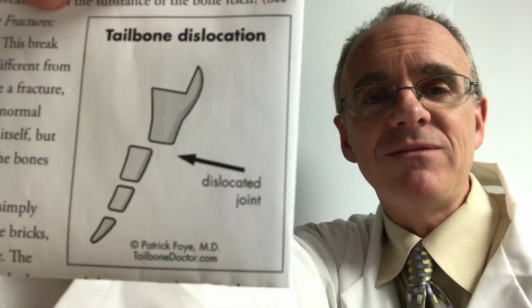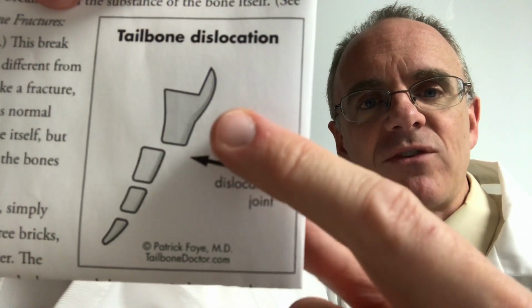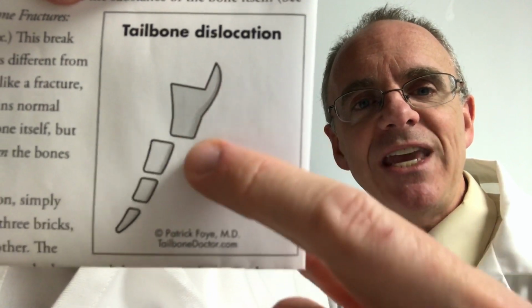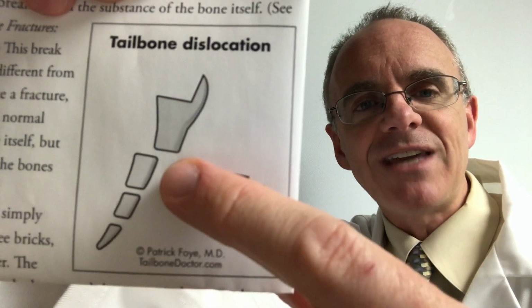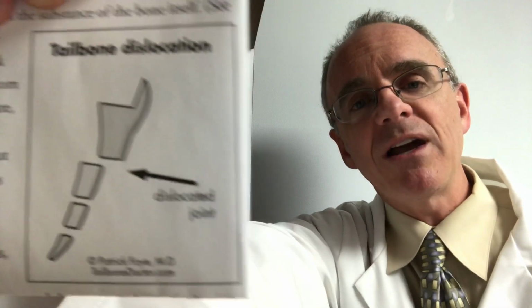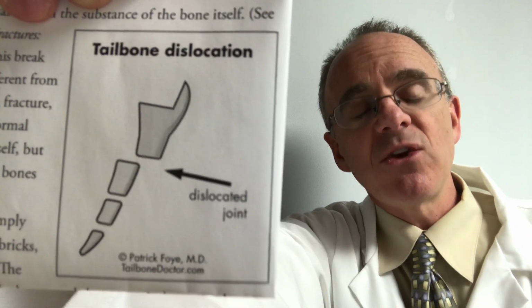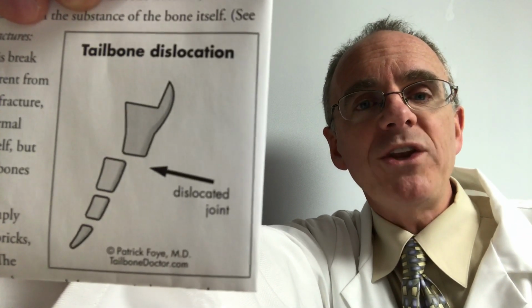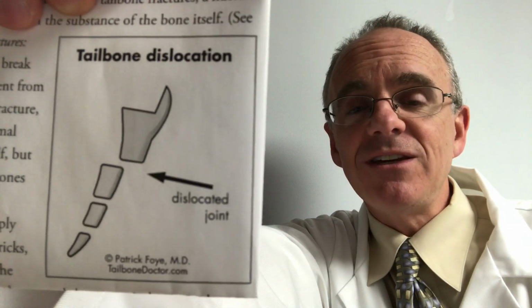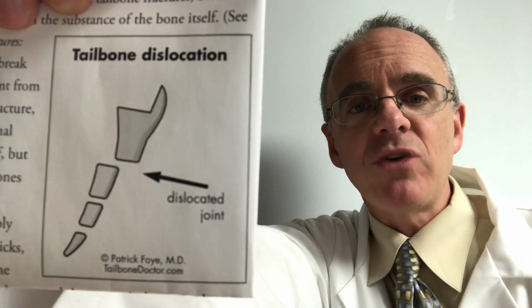But that's not how we make a diagnosis of a fracture versus a dislocation. We look to see, is the individual bone itself intact? And that becomes important because it's important in terms of having an accurate diagnosis first, so that then you can decide what you need to do or don't need to do in terms of your treatment options.